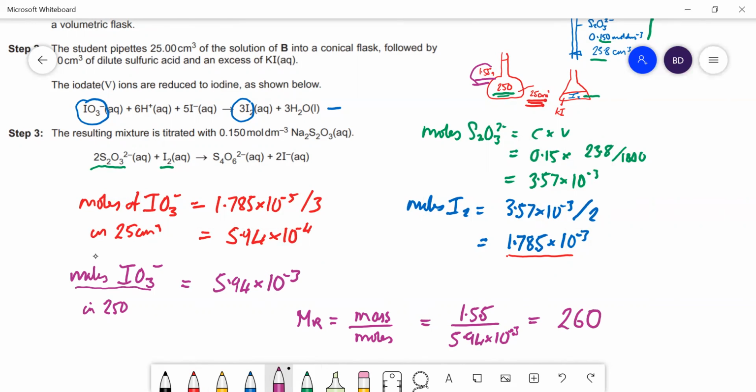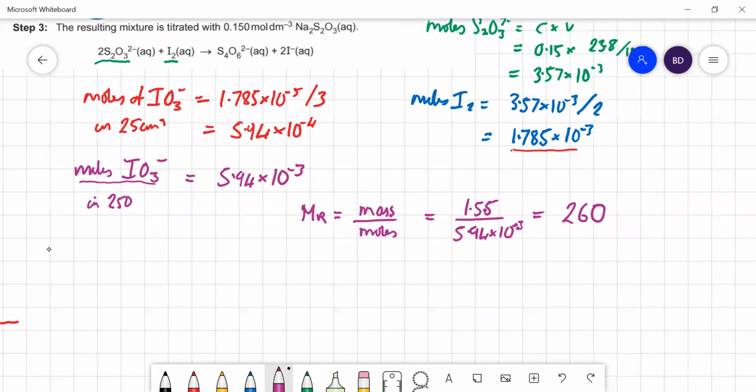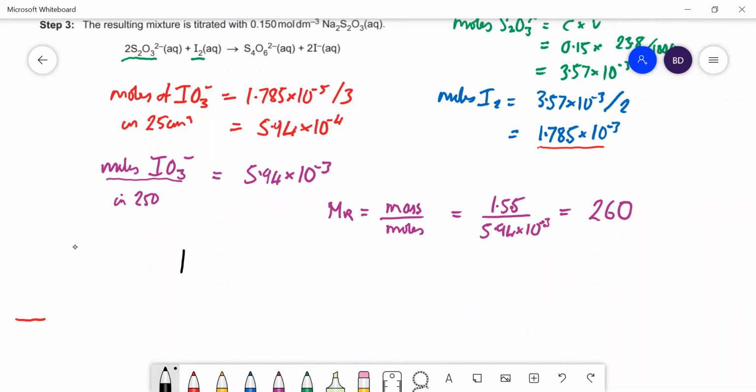Okay, now we've got to find out the identity of the metal in this. So we know the formula, because it's group 1, the formula is going to be that, because this is a 1 plus I and the iodate is 1 minus, of course.